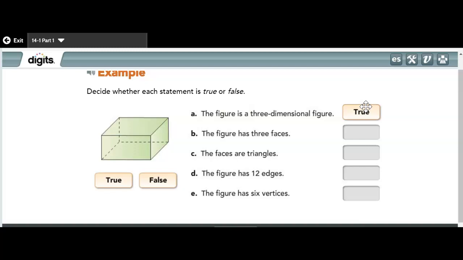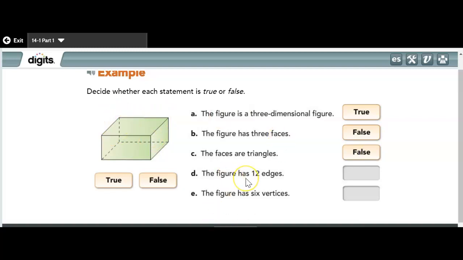The figure has 3 faces. That is false. It has 1 on the bottom, 2 up top, 3 in front, 4 in the back, 5 on the side, 6 on the other side. The faces are triangles. That would be false as well. They are rectangles.